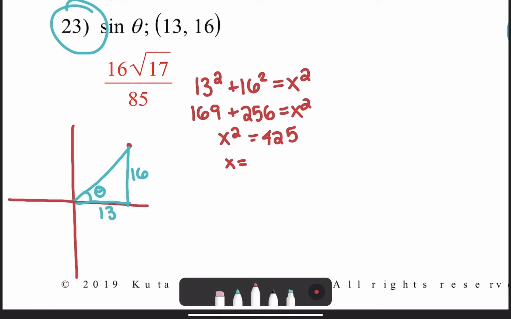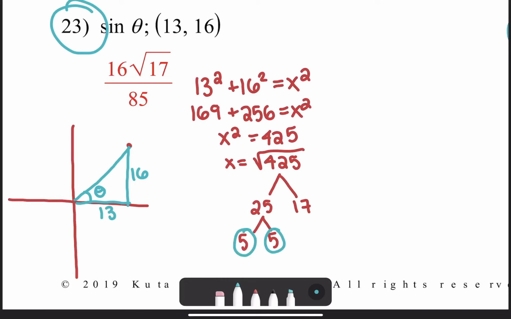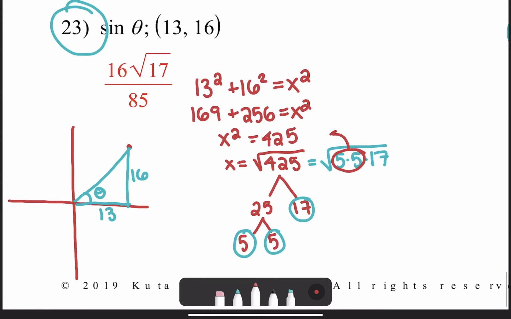So x is equal to the square root of 425, and I need to figure out what multiplies to 425. So 425 is actually 25 times 17, so that's 5 times 5 times 17. So this is square root of 5 times 5 times 17. These 5s are paired, so they get to leave the house as 1. So this is 5 square root of 17. So you have to do all that work just to figure out the hypotenuse is 5 square root of 17.